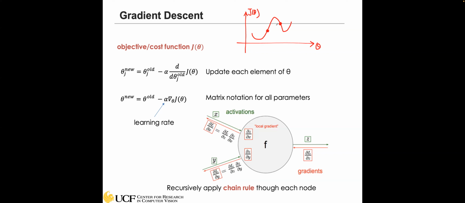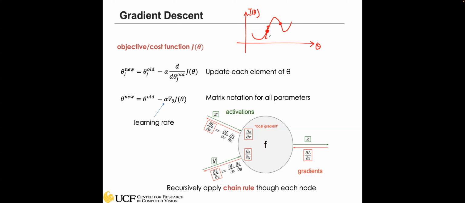Let's say I have two points here. Let's just look at this one. What is the gradient? Basically, that's the slope. You compute the slope, and that's your gradient here. Alpha is a positive value. So here the slope is positive.